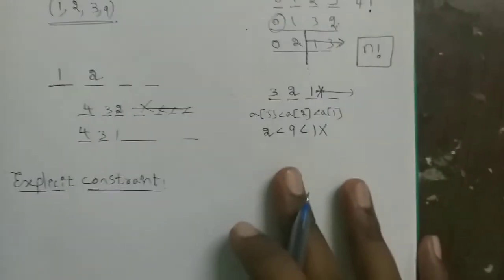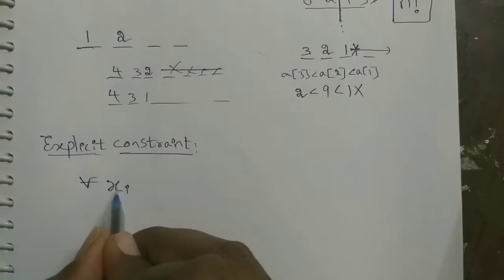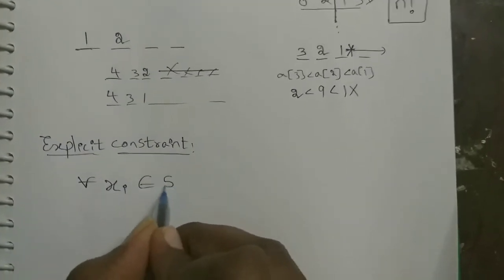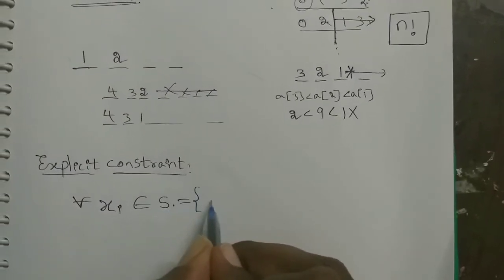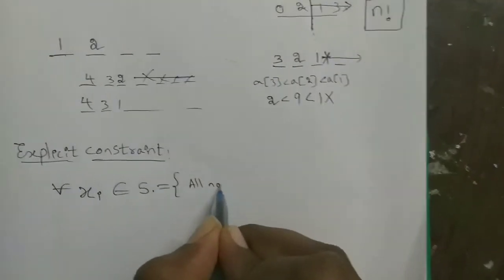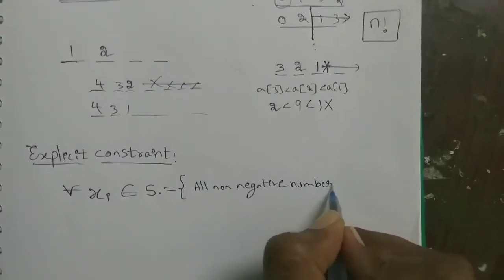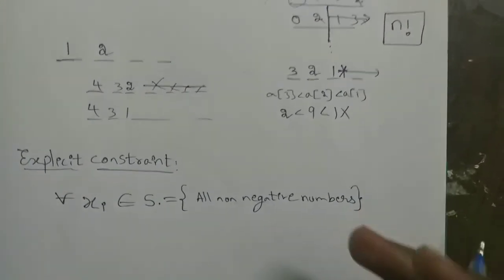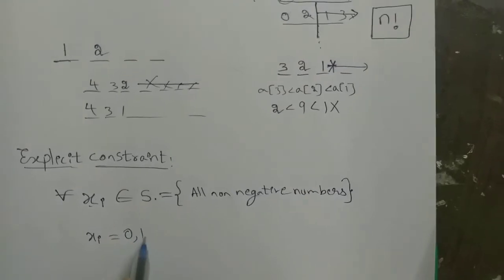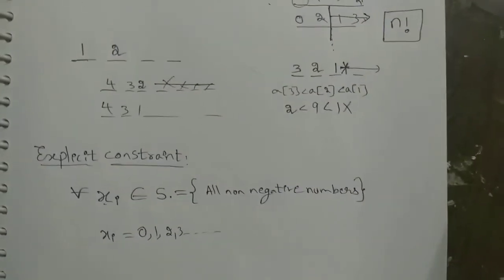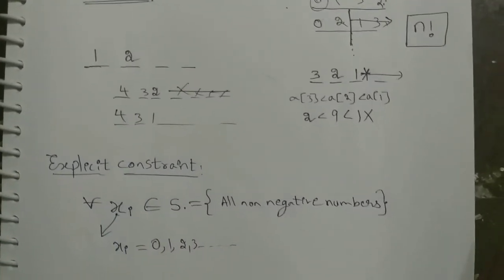The explicit constraint for backtracking is that all the x's you use to represent the solution must belong to a set S. For example, if the set S is the set of all non-negative numbers, what is the possible value for xi? Xi may be 0, 1, 2, 3 and so on. That is an explicit constraint. Explicit constraints tell us what the xi values should be, right?